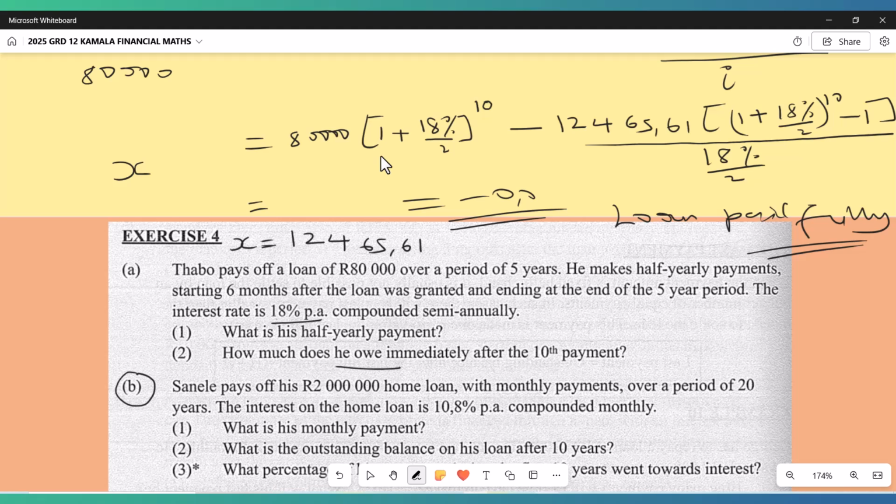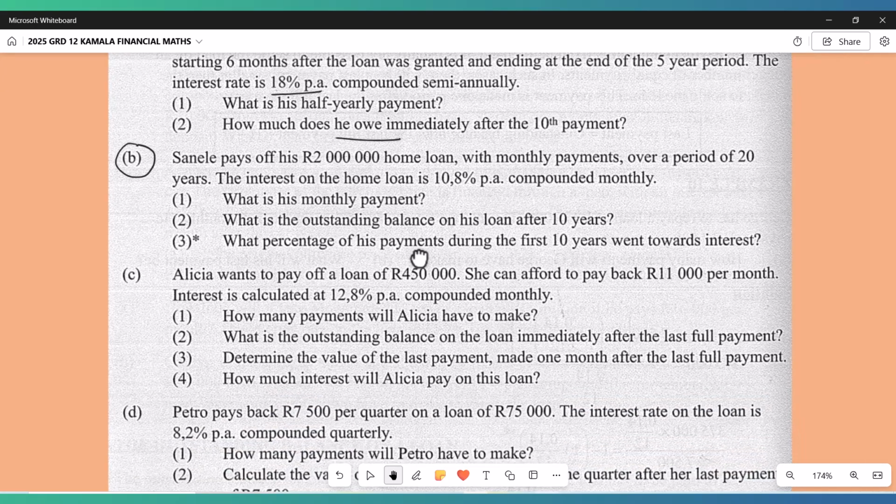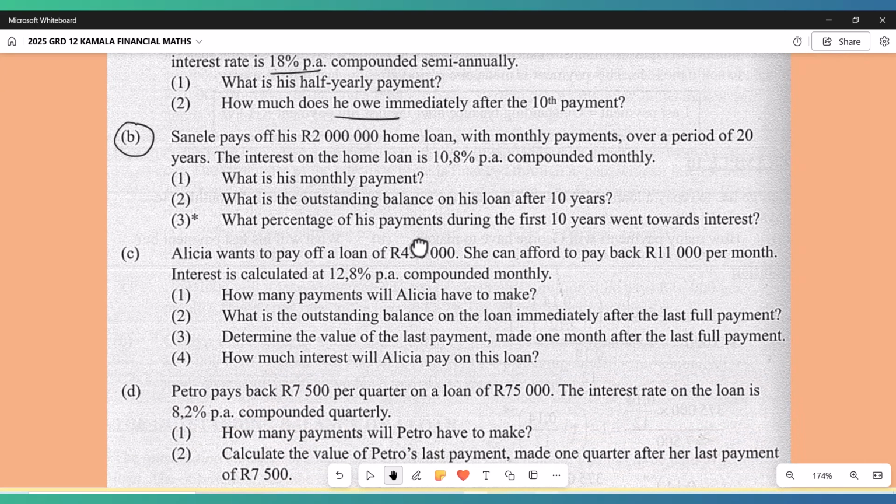Example 2. Let us look at this Sanelli here. Question B: Sanelli pays off his 2 million home loan with monthly payments over 20 years.